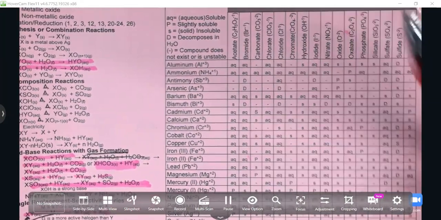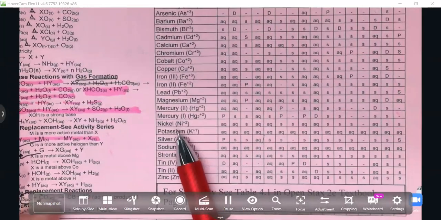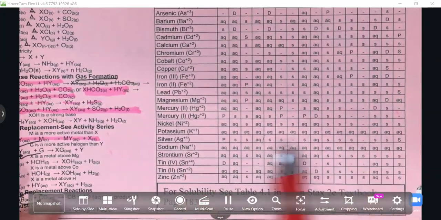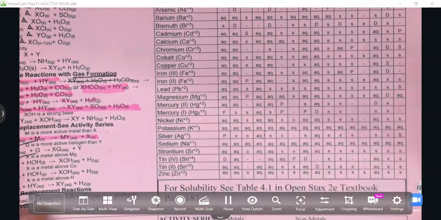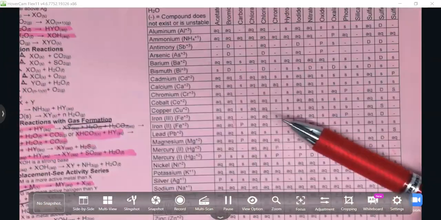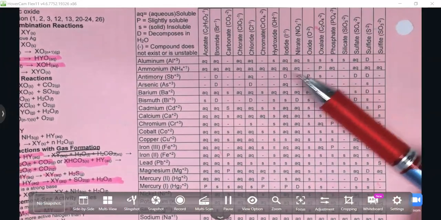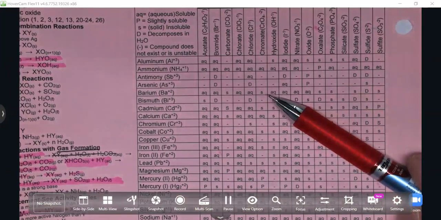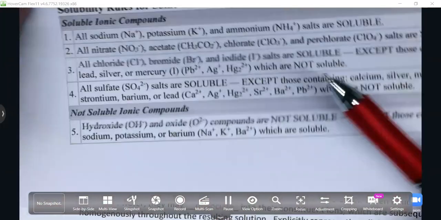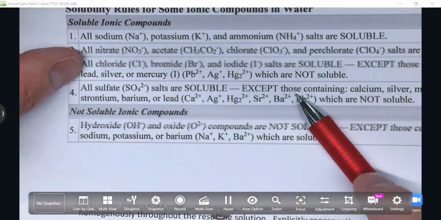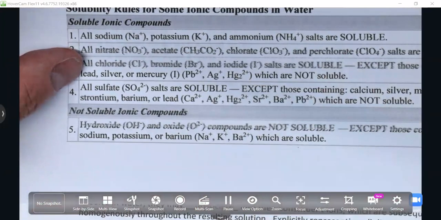So we just said that according to those solubility rules, potassiums, sodiums are soluble. I call it the cheater's grid. I also have one or two of these at the end of the learning guide. But this is what your textbook uses, and this is what OWL uses. So this is what I'll reference back to quite a bit.